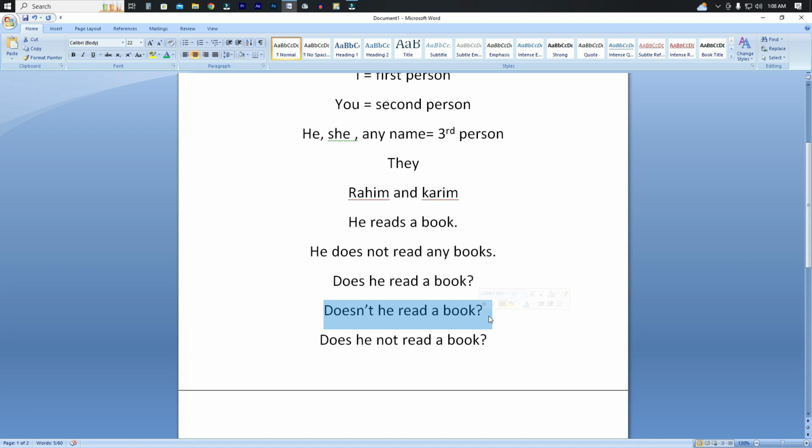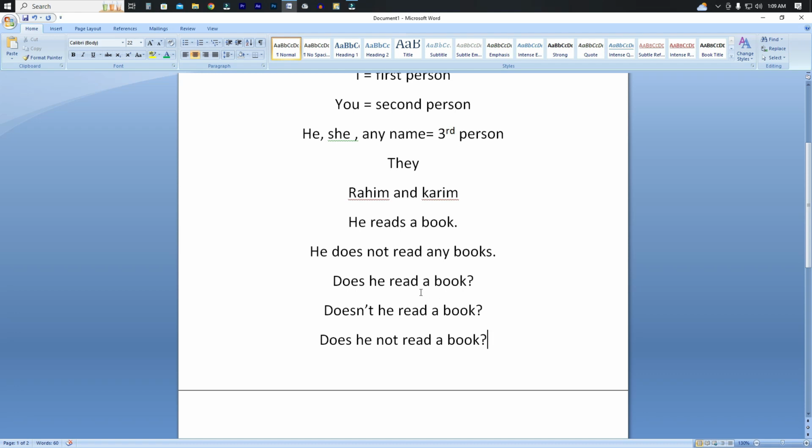And we can write a negative interrogative sentence in two ways. One way: "Doesn't he read a book?" And the other way: "Does he not read a book?" So here we can know the differences between affirmative, negative, interrogative, and negative interrogative sentences.